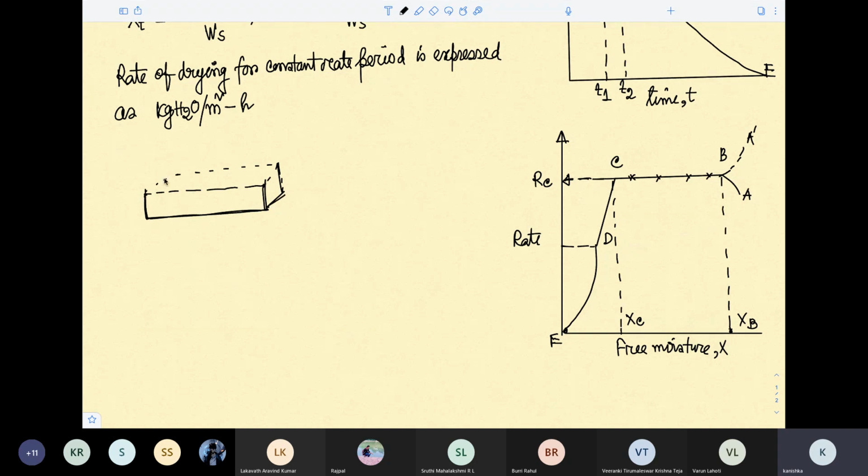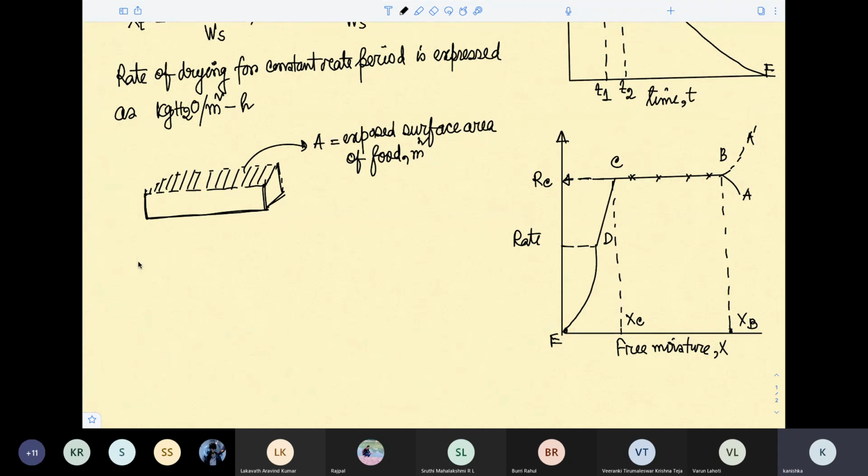So the exposed surface area is this one. So let's say this is A. A is the exposed surface area of food in meter square.